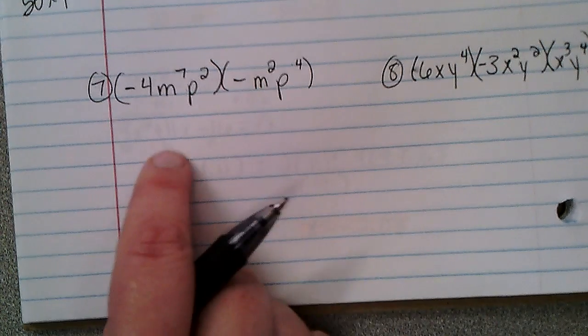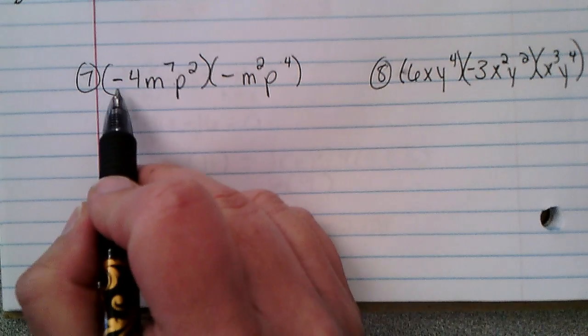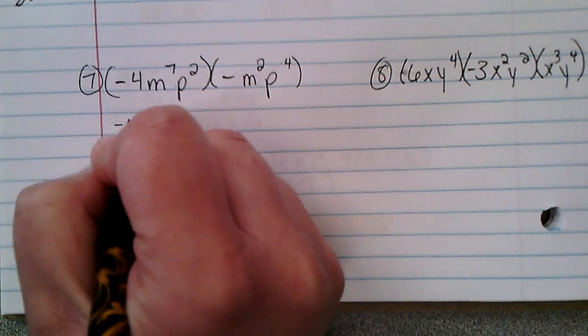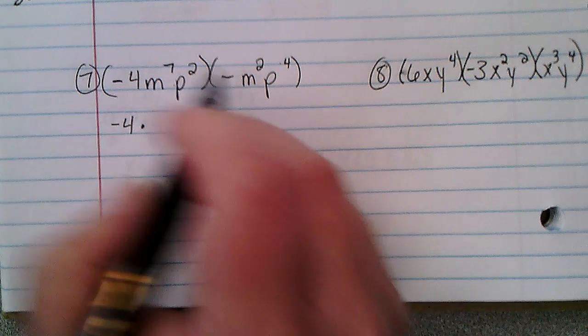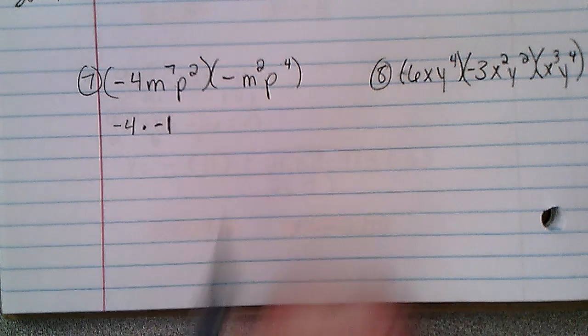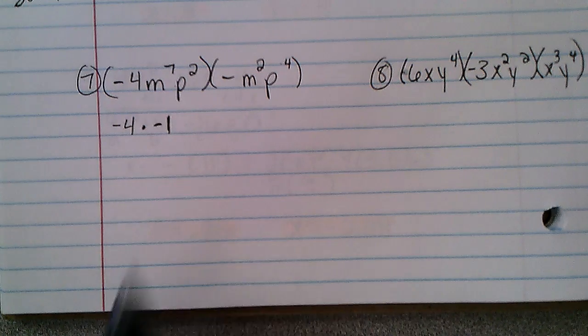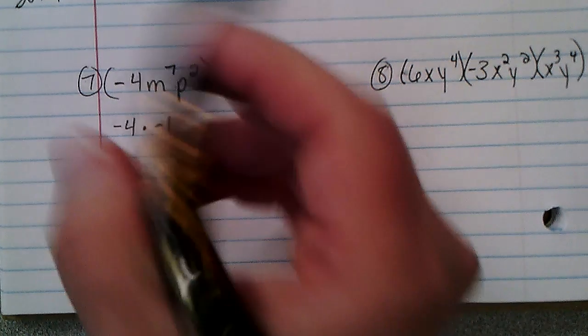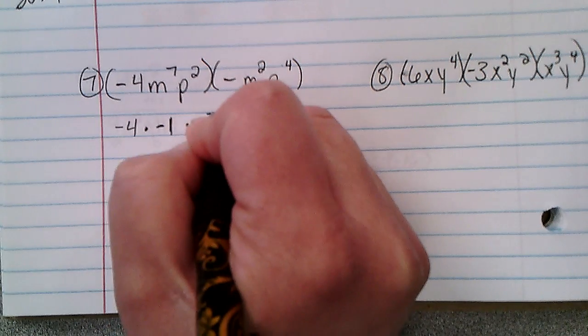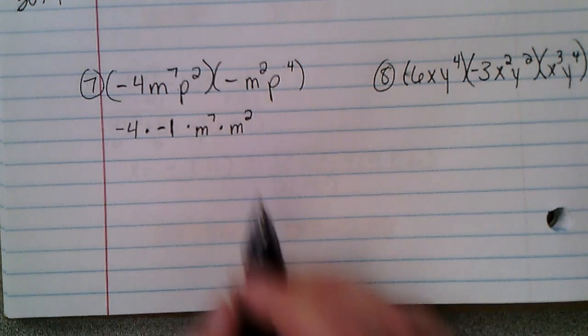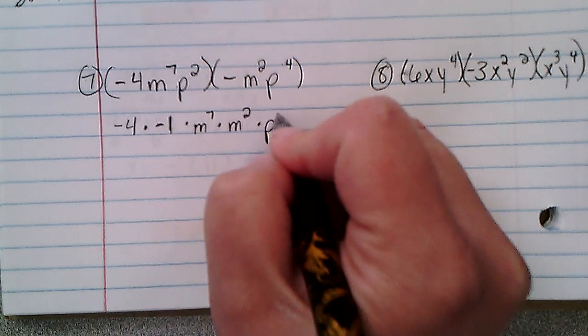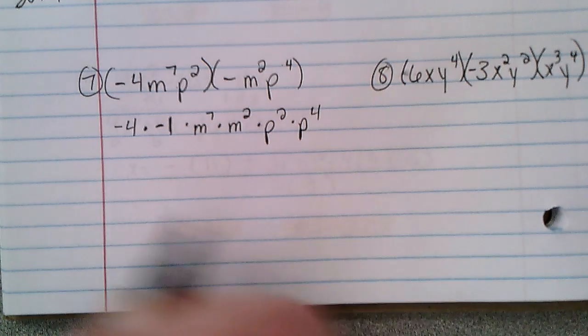So moving on to number 7 here, we have our coefficient -4 times, this is an implied -1, so when you're doing your mental math, just be very careful with that. I've got m to the 7th and m squared, so we're seeing other variables besides just x and y. Then I've got p squared and p to the 4th.